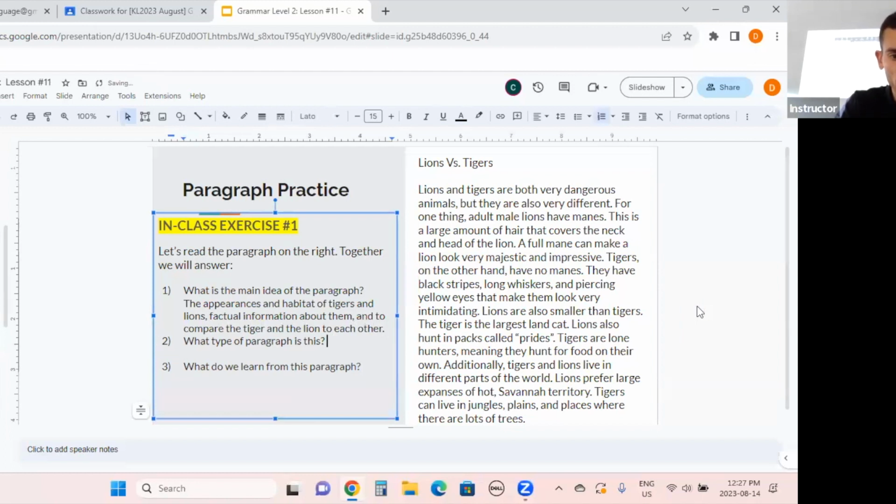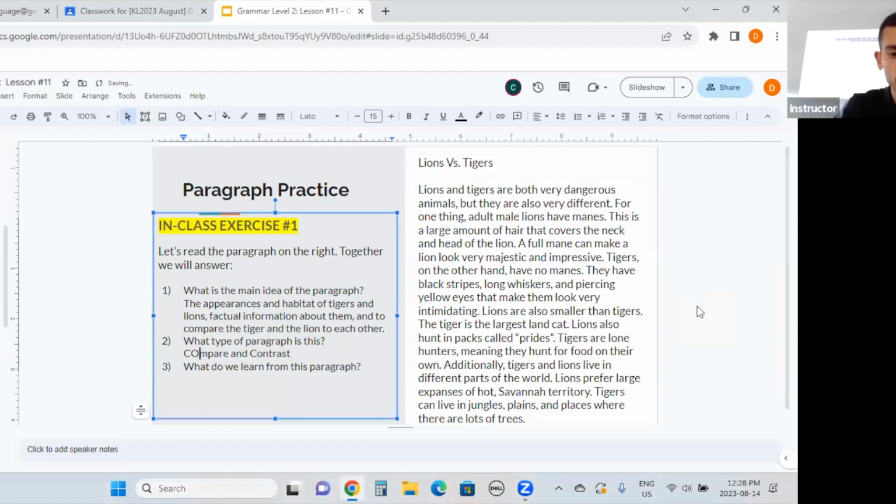Okay, next question. Jack, I'm going to start with you with this one. What type of paragraph is this? Narrative, descriptive, compare and contrast, or cause and effect? What do you think? Compare and contrast. Does everyone understand why it's compare and contrast?